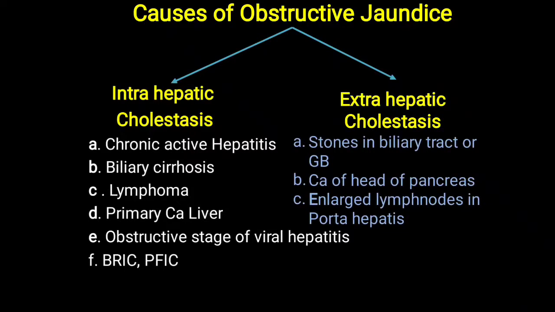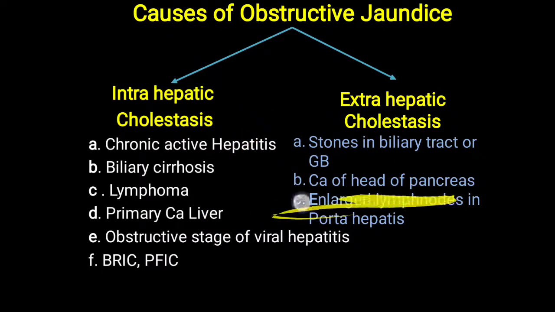In the same way, extrahepatic cholestasis means outside of the liver, but due to some compression, this cholestasis or bile obstruction is seen. That includes stones in the biliary tract, such as gallbladder stones. In the same way, carcinoma of the head of the pancreas. In anatomy you can see that the head of the pancreas is just nearby the gallbladder, and if there is a carcinoma, it will compress the biliary tract.